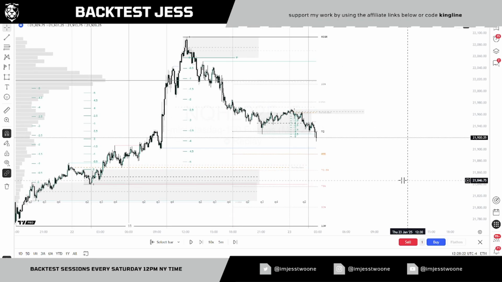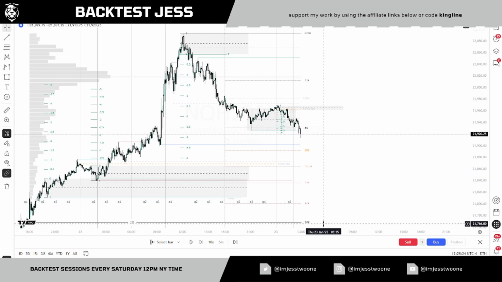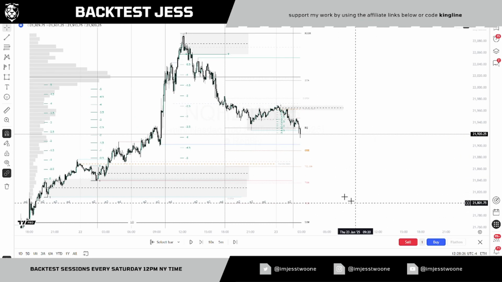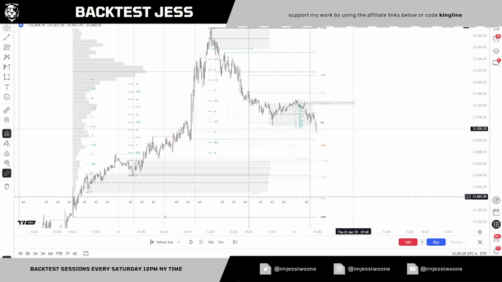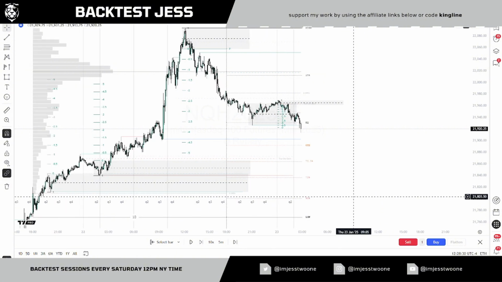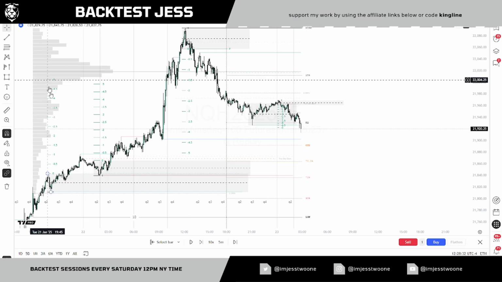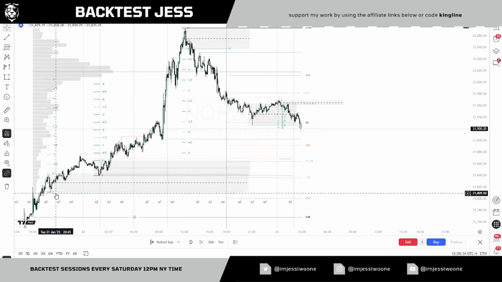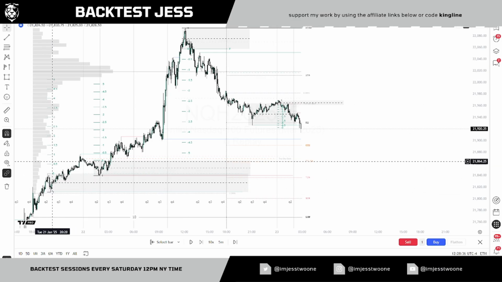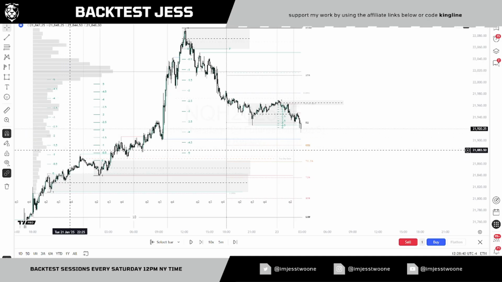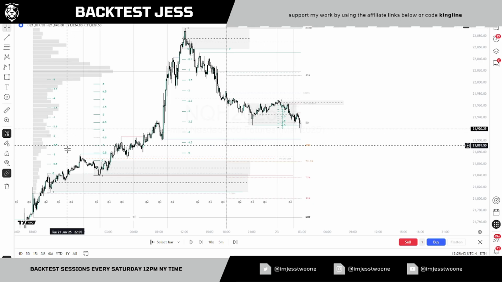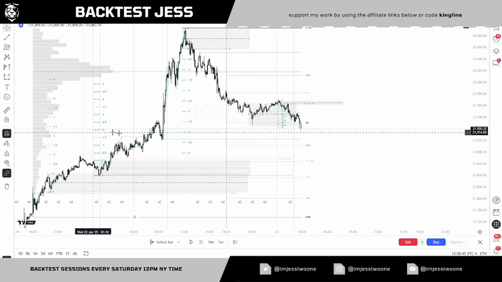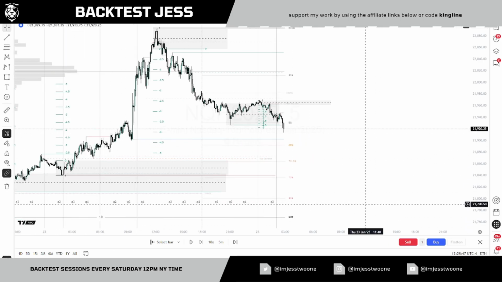The way we use this context is that we're looking for some sort of reversal to occur here, right? So the fixed range volume profile is not really giving me anything to go off of. Looks like this entire area is where the most volume is in regards to the entire range of discount.